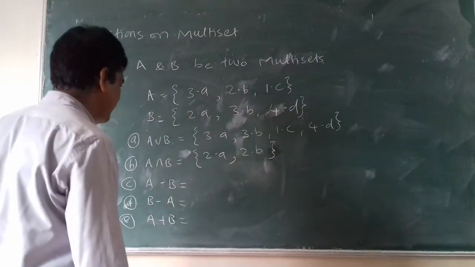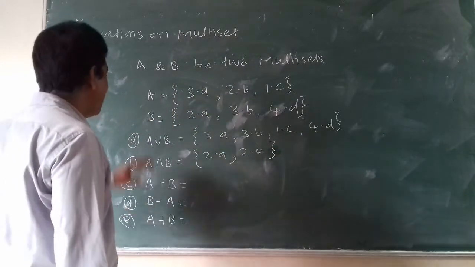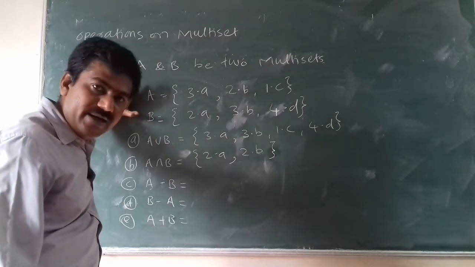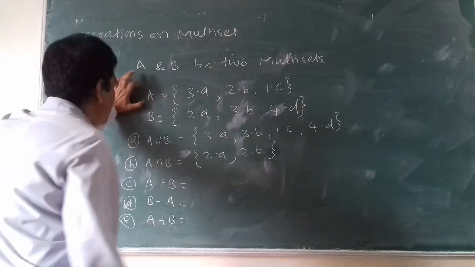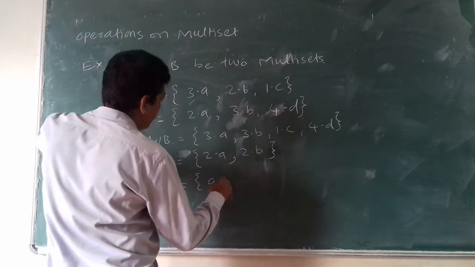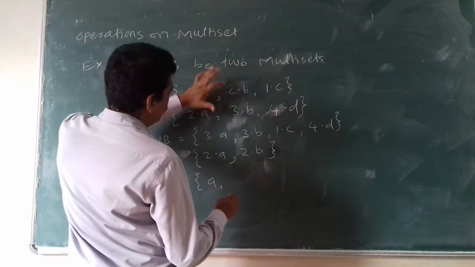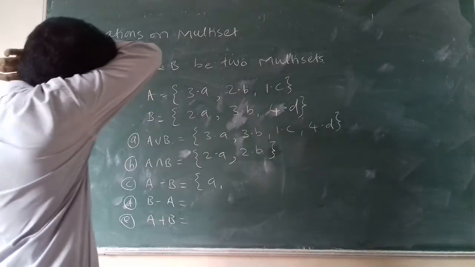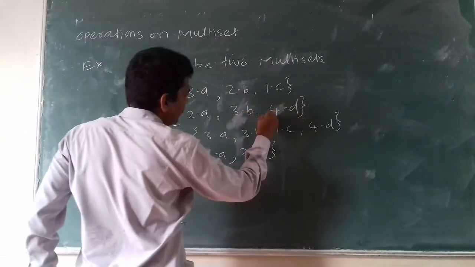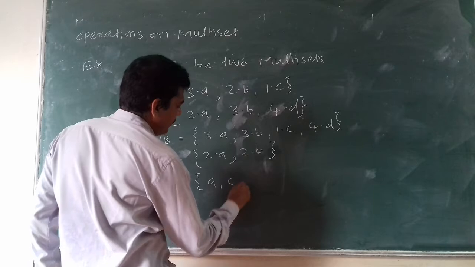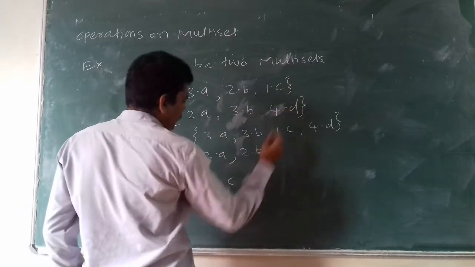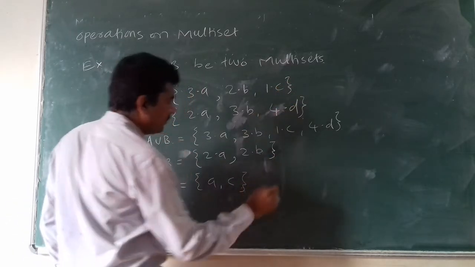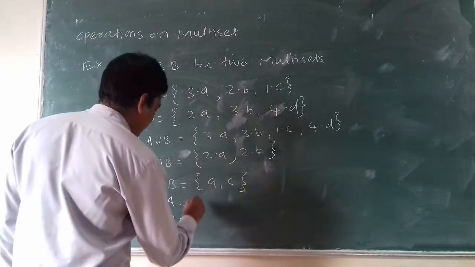So this is A intersection B. A minus B is the multiplicity of A minus the multiplicity of B. So the result will be first 3 minus 2, that is 1a; 2 minus 3 is negative, so don't take that as an element. Next 1c minus 0c, so the result will be 1c; 0 minus 4d gives a negative result, so not taking that element.